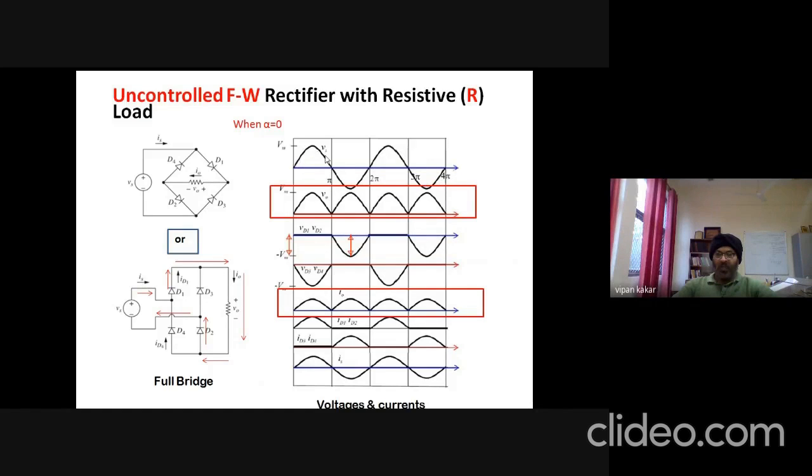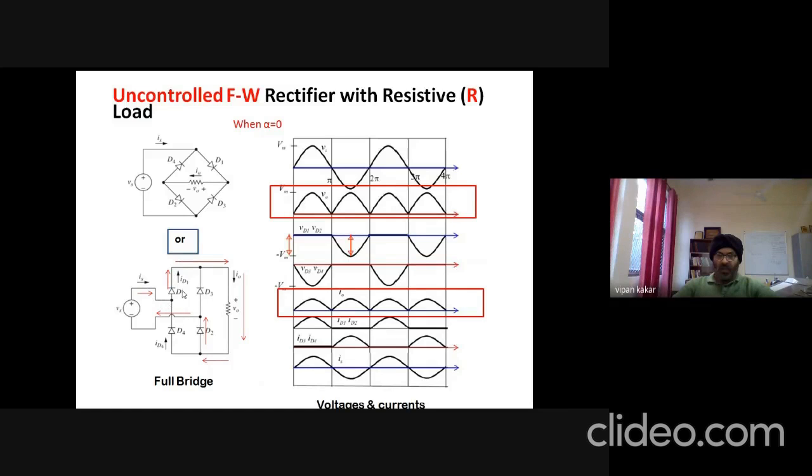Mathematically, we can describe this sinusoidal AC signal as Vm sin omega t, as we know since our first lecture. In the positive half cycle in mode 1, the top terminal is positive compared to the bottom terminal. So the current starts to follow this direction, shown by the red arrows.